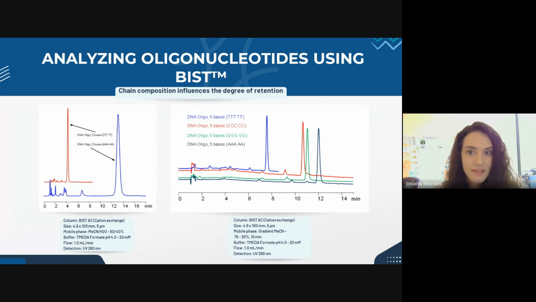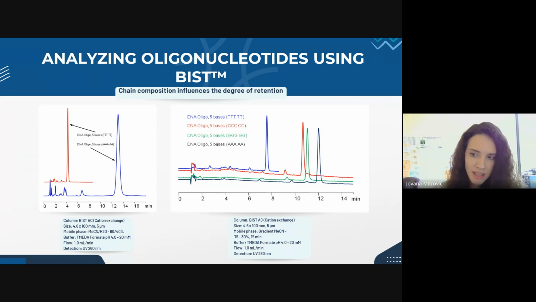But BIST changes that dynamic. We introduce a doubly charged cation into the mobile phase, in this case using TMEDA-formate buffer at low pH. These cations act as bridge ions binding to both the negatively charged oligonucleotide and the stationary phase, and this creates a stable ionic bridge, enabling retention that would not be possible in standard modes.